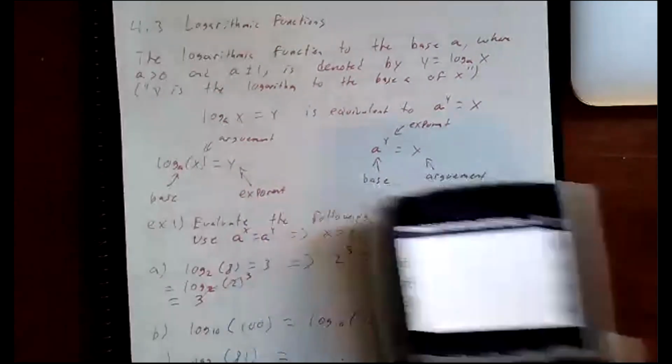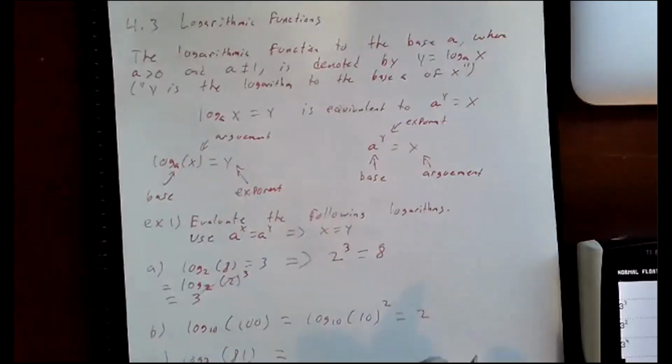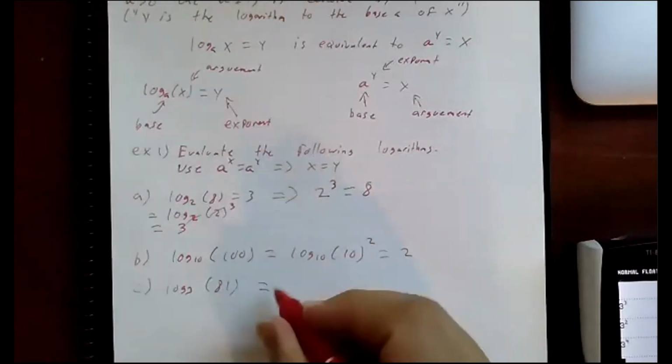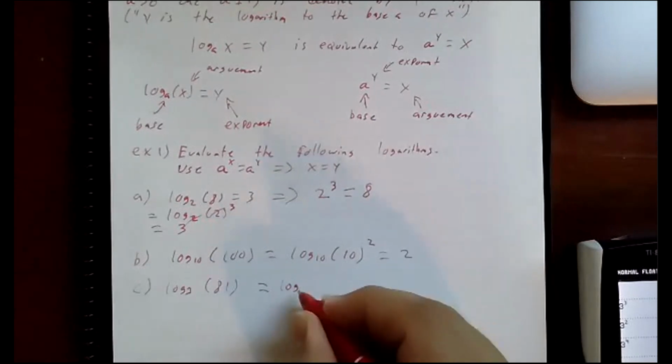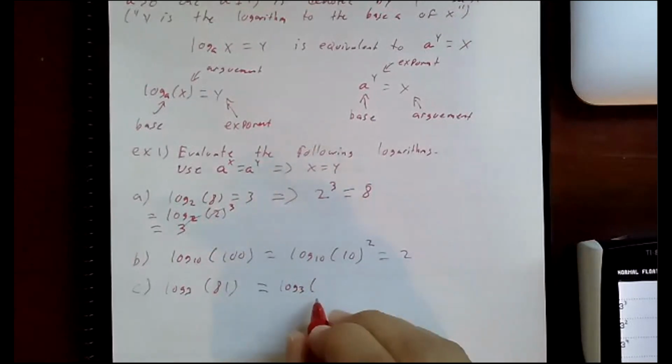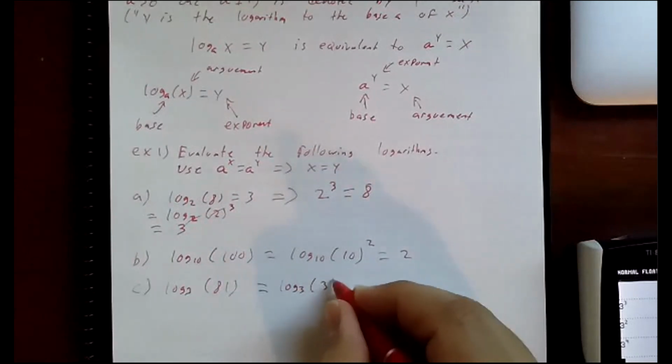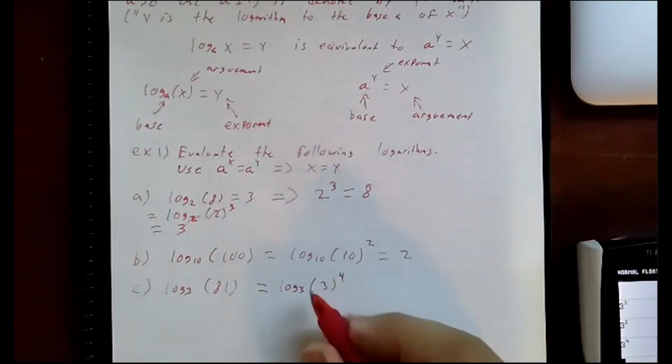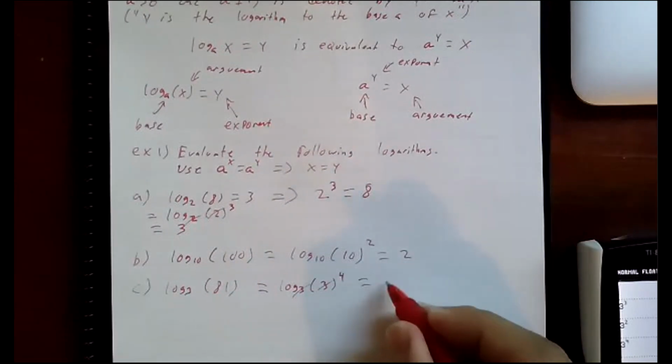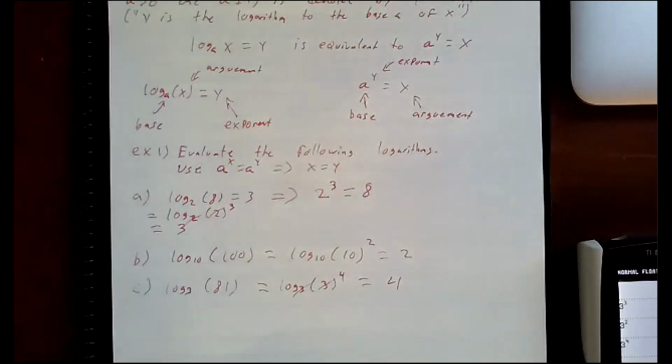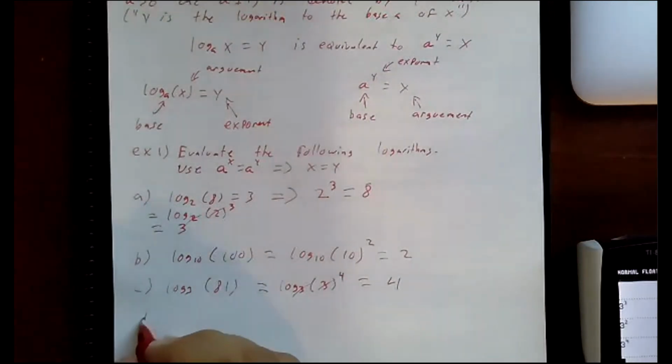So that means I can rewrite this guy as log base 3 of 3 to the fourth. These will cancel out, right? Leaving you with just the power. Does that make sense? How to approach these?